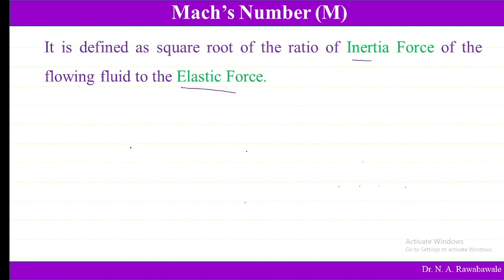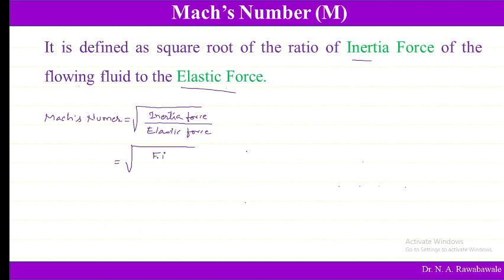So again we can say Mach number is defined as square root of inertia force divided by elastic force. So this is square root of Fi, the inertia force, divided by Fe, the elastic force.